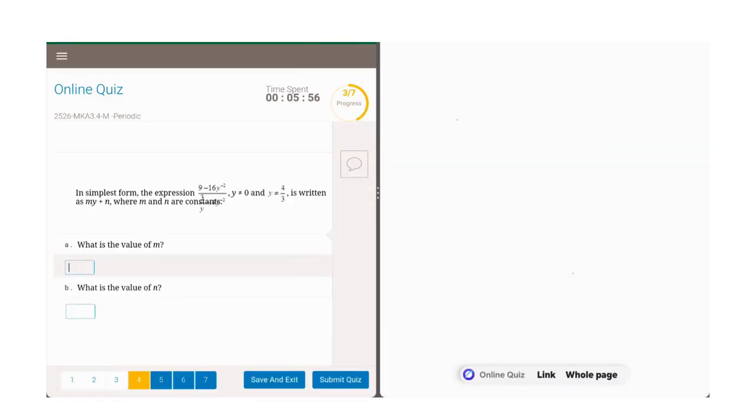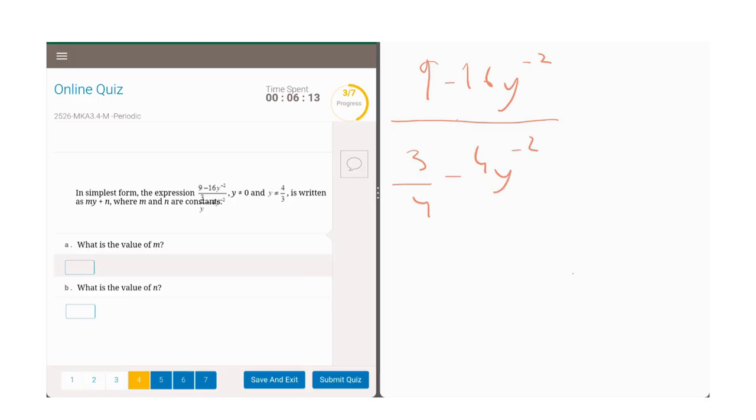For this question, it's slightly confusing, so we have 9 minus 16y to the power of negative 2 all over, I think what's written is 3 over y minus 4y to the power of negative 2. So what they mean by negative 2 power, we can rewrite the numerator as 9 minus 16 over y to the power of 2.